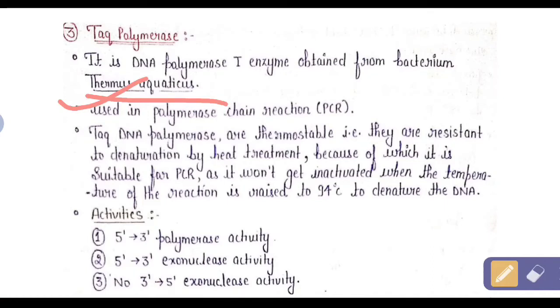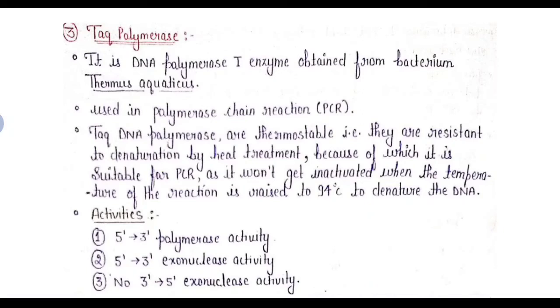When in this polymerase chain reaction we use the temperature 94 degrees Celsius, this enzyme cannot be degraded at this high temperature. So that is why we use this enzyme, that is Taq polymerase, in case of polymerase chain reaction.